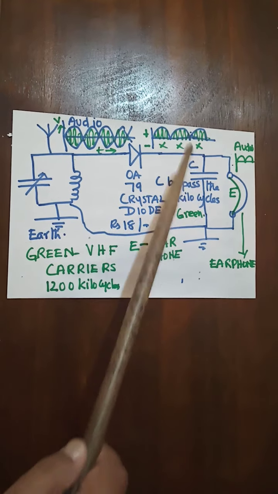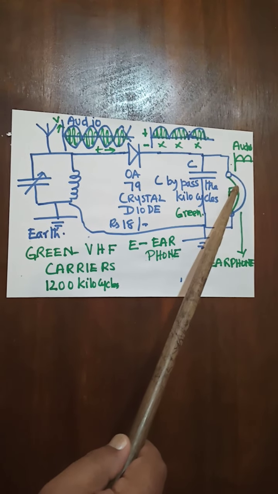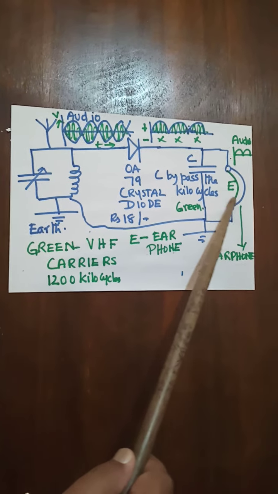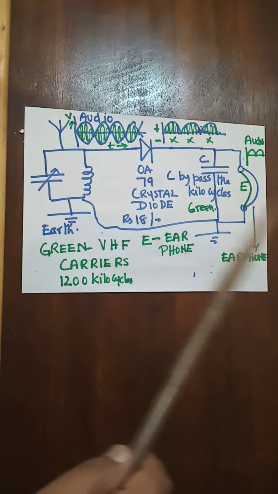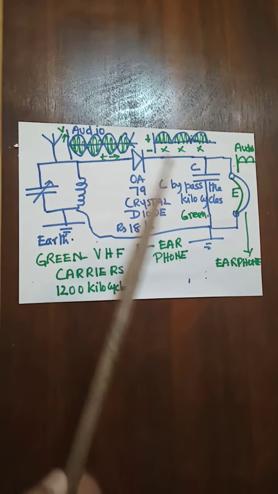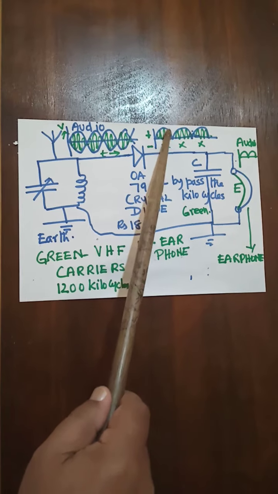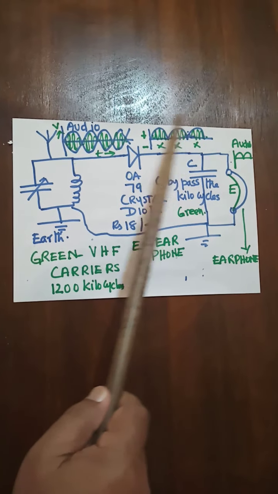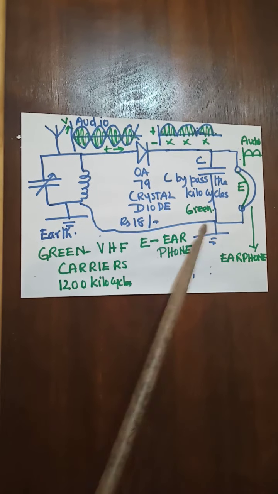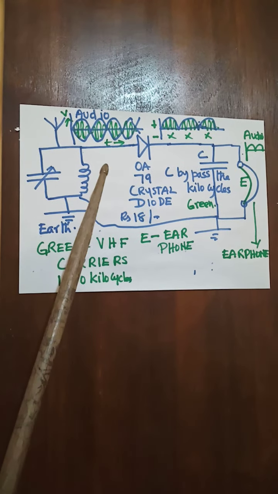And not only that, this carrier will be opposed by the inductance of the earphone. So capacitance will do the work of filtering all this high frequency. Then we'll get nice, beautiful music or news or whatever in the earphone. So this is the function of the radio.